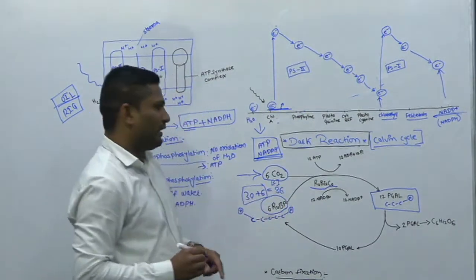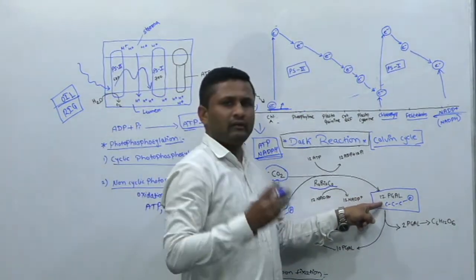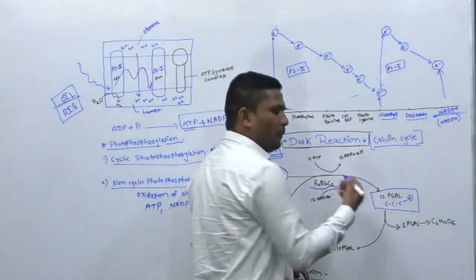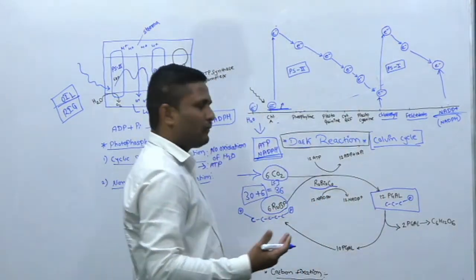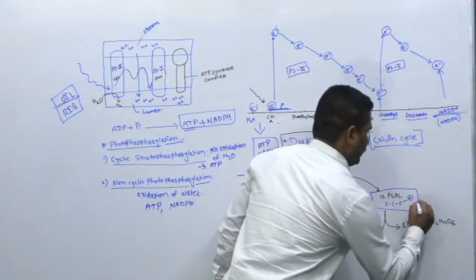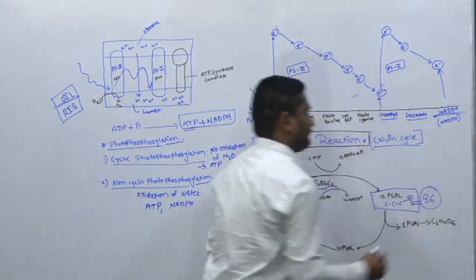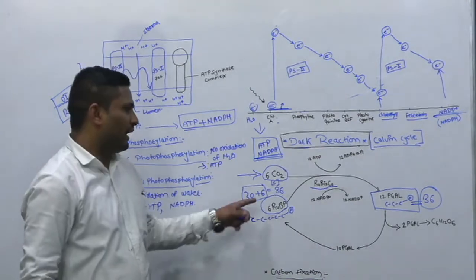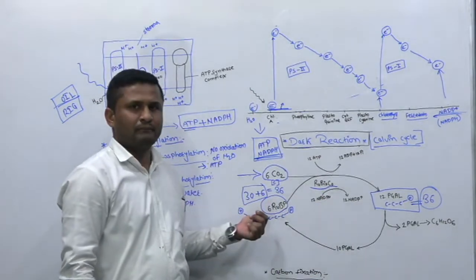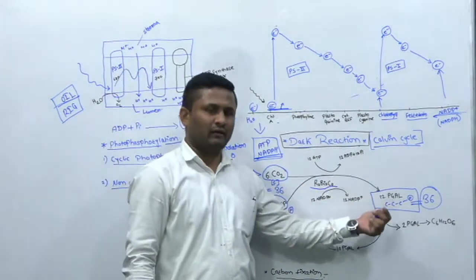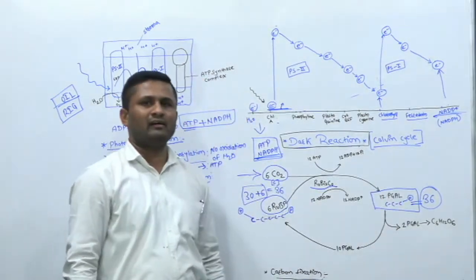And this PGAL is a 3 carbon compound. How many molecules of PGAL are going to form? 12 molecules. So 12 into 3, you will get 36 carbons, right? That's why I have taken these numbers here for better understanding. So 12 PGAL molecules are getting formed here.